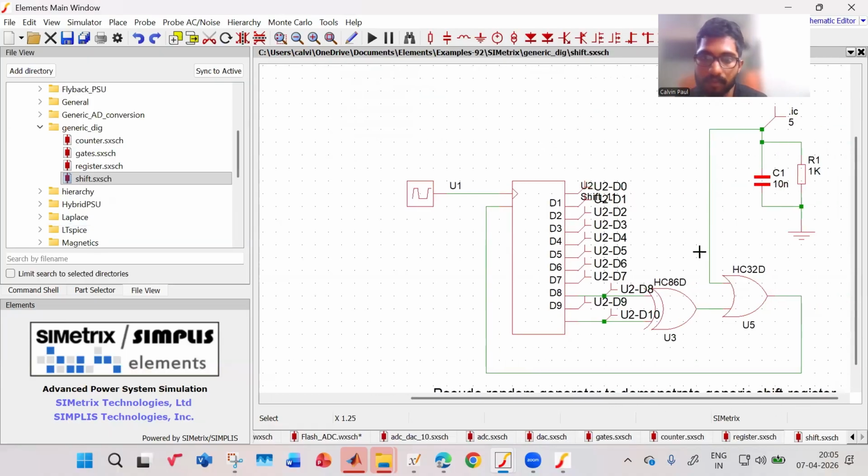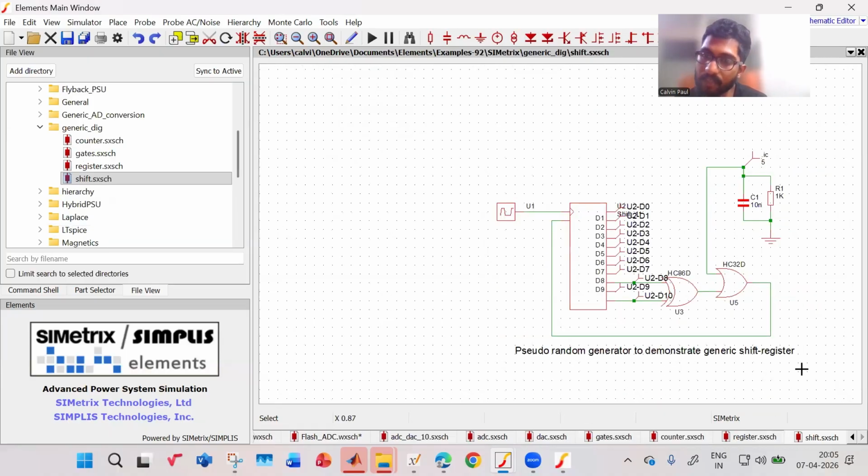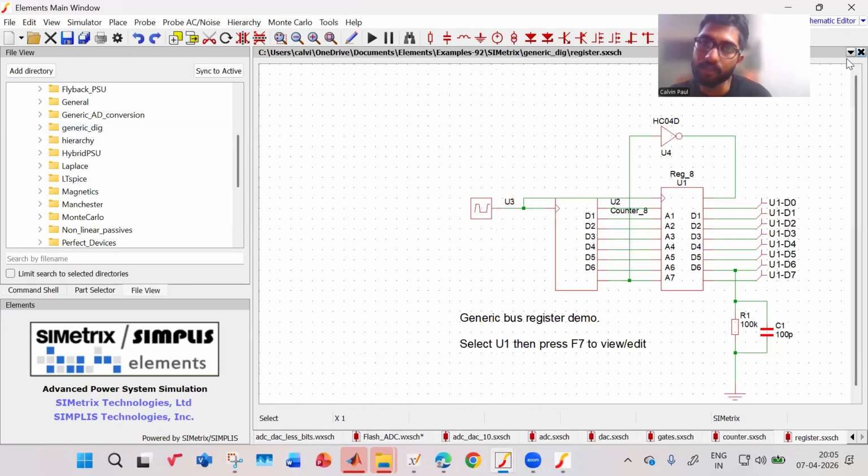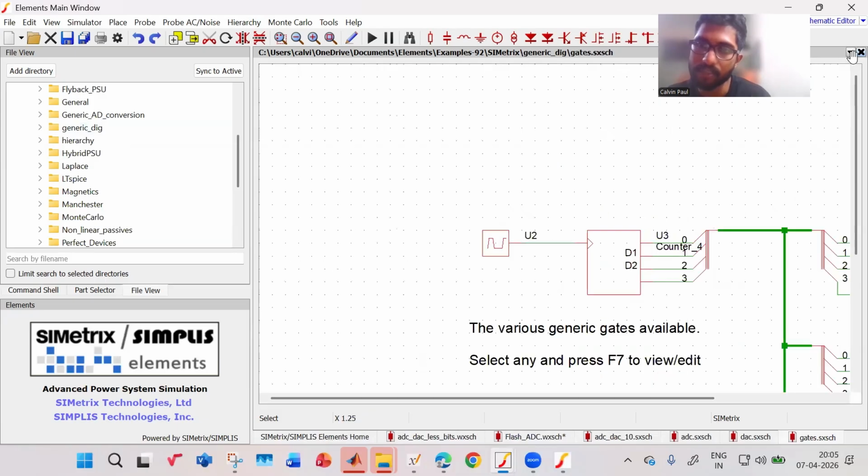There is also a pseudo random generator to demonstrate a generic shift register. Sir had also shown this, but I had not simulated it and shown it to the students. You can refer to all these things to understand the concept well.